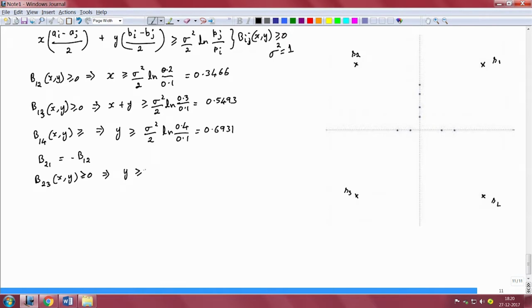So, here we have y greater than sigma square by 2 logarithm of the ratio of probabilities, which is 0.3 by 0.2, and this comes out to 0.2027. Similarly, B24: between 2 and 4 both x and y coordinates are different, and if you substitute you will get this.